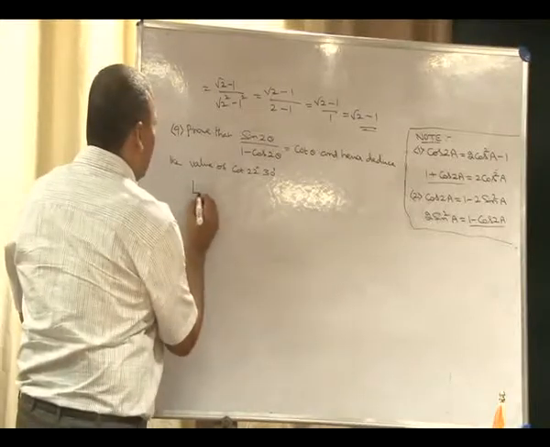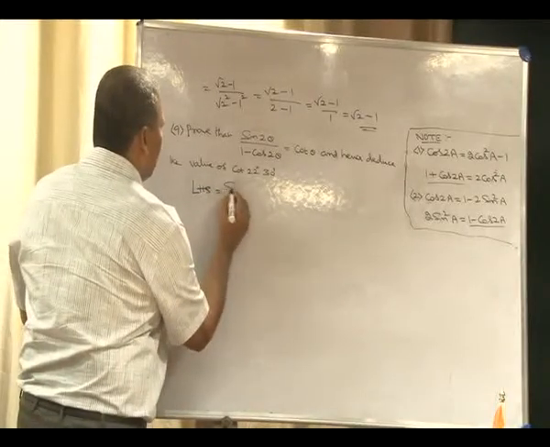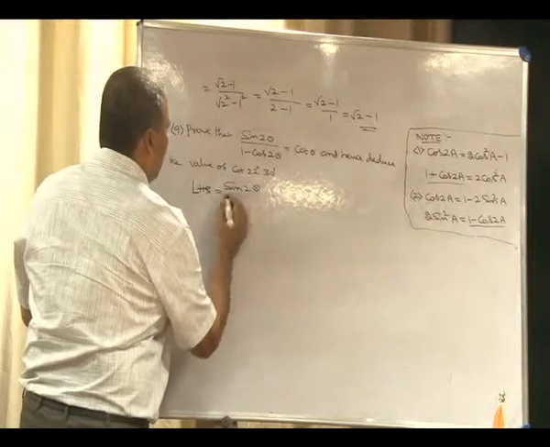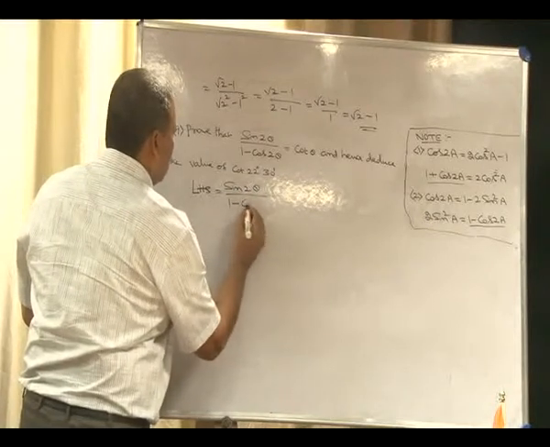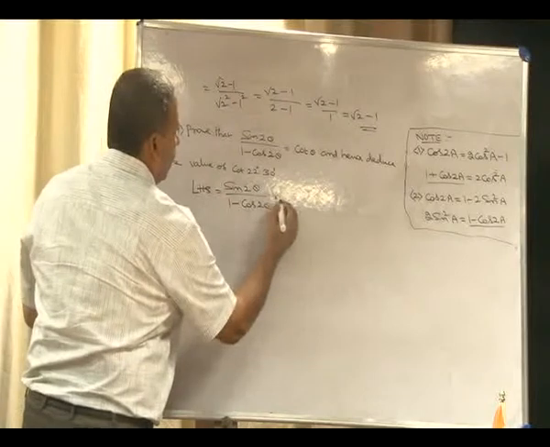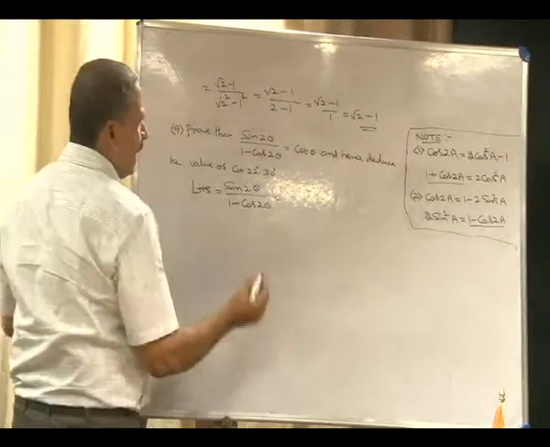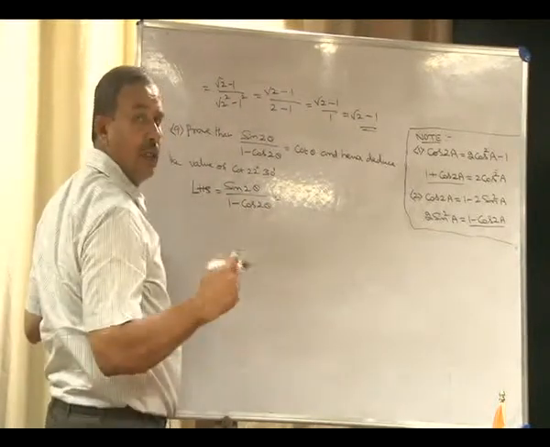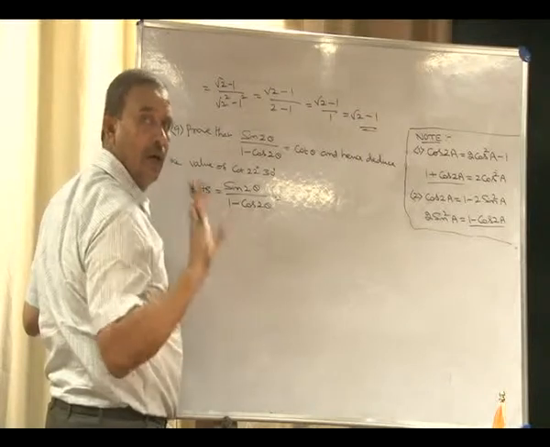Here LHS is sin 2 theta by 1 minus cos 2 theta.